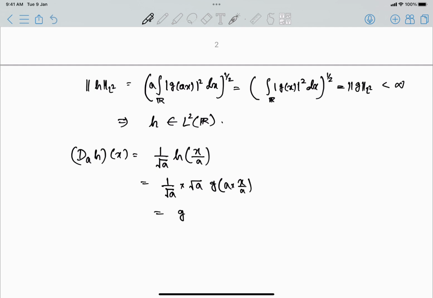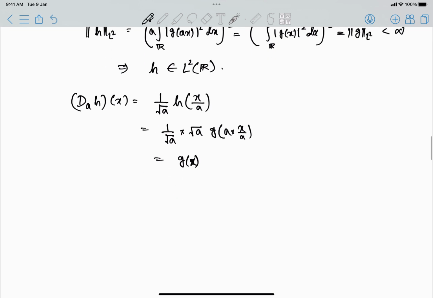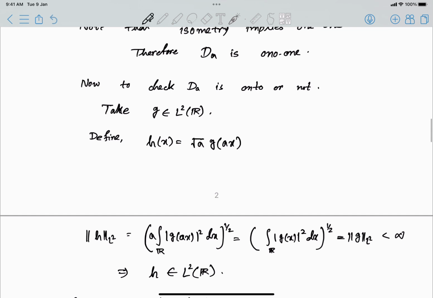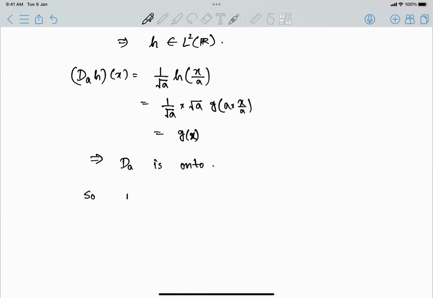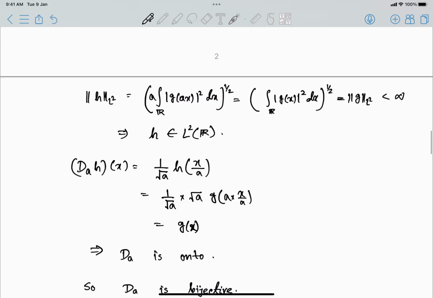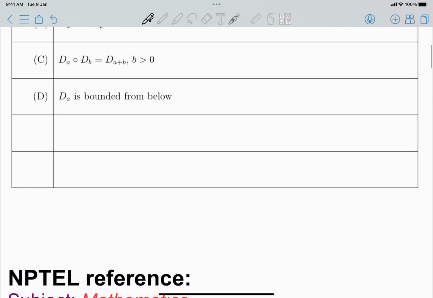So basically this is g(x). So dA of h is mapped to g(x), which implies dA is onto. So therefore what we got is that dA is both one-one and onto, so dA is bijective. So therefore option 2 is also correct.